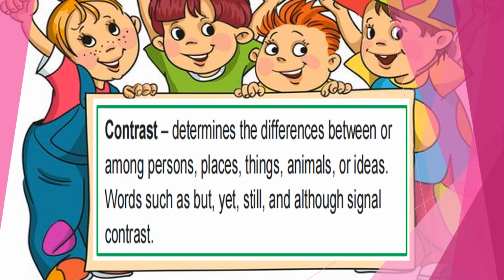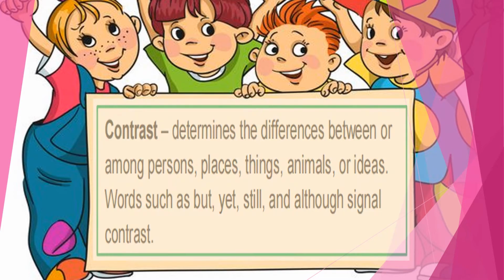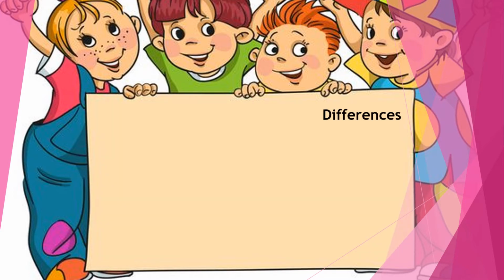Okay, let's move forward. As an example, we're using a Venn diagram. A Venn diagram is a very useful tool to help organize similarities and differences of the information.